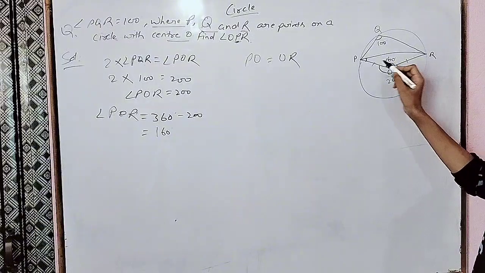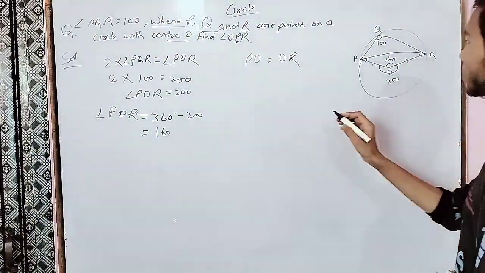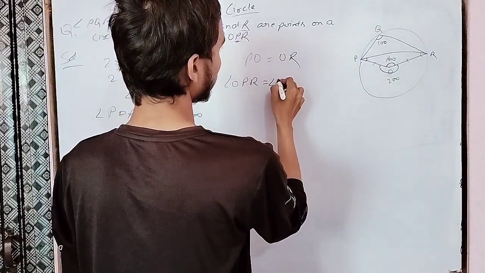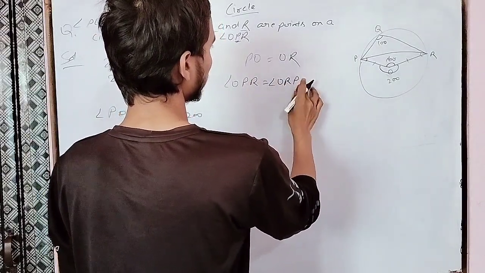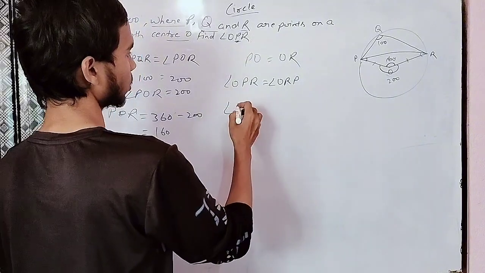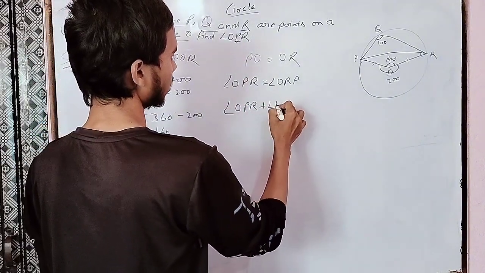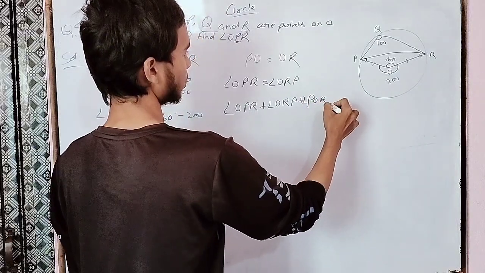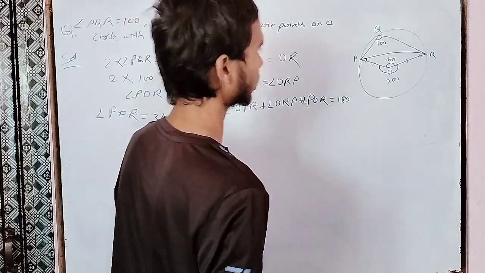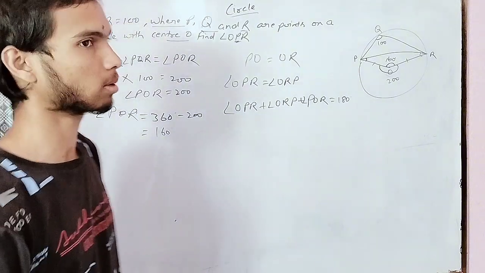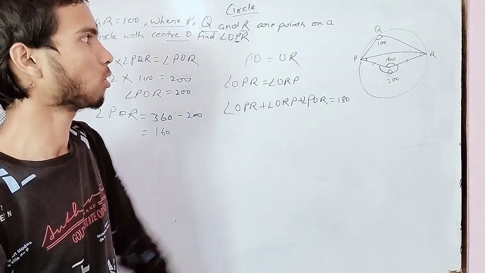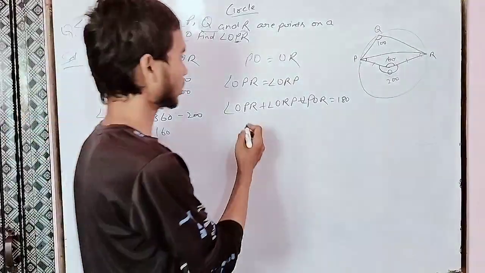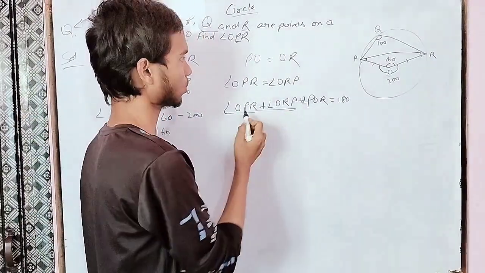So here, since these sides are equal, the angles will also be equal. So can we say angle OPR is equal to angle ORP, and with angle POR they will form 180 degrees? The sum of all interior angles of a triangle makes 180 degrees.